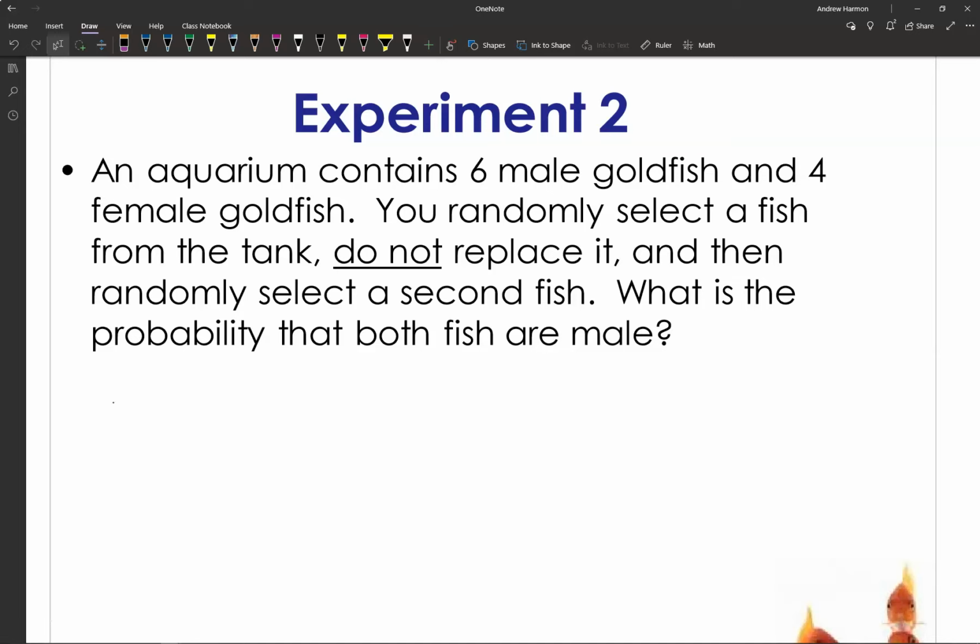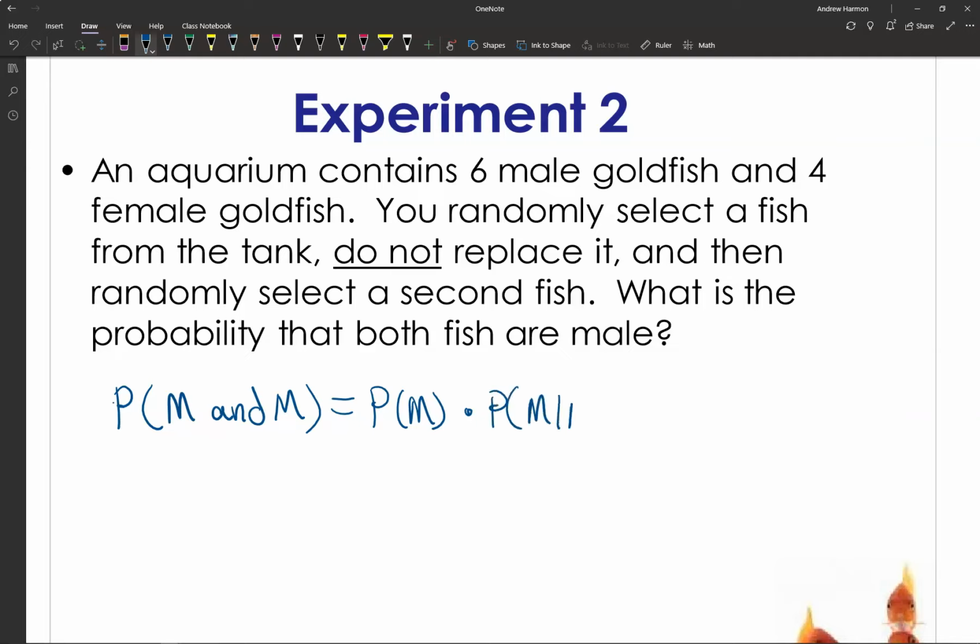So what we want to figure out is basically this. What's the probability of getting a male, and then, remember, and means multiply, getting a second male. So we have to find the probability of the first male, and multiply it by the probability of getting a second male, given that we already took a male fish out.